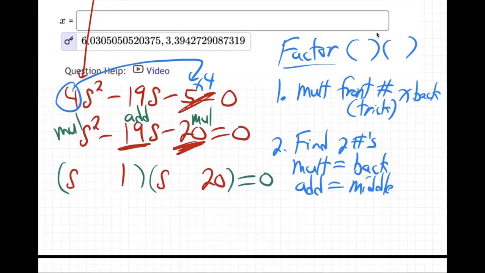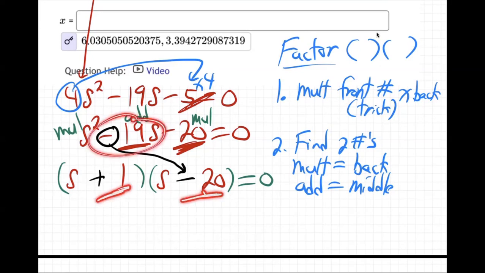Now, the sign in the middle has to always go on the bigger number. And this will be plus 1 and minus 20. See how that's right? Because plus 1 minus 20 adds to be minus 19, and positive times negative multiplies to be negative 20. So there we go.